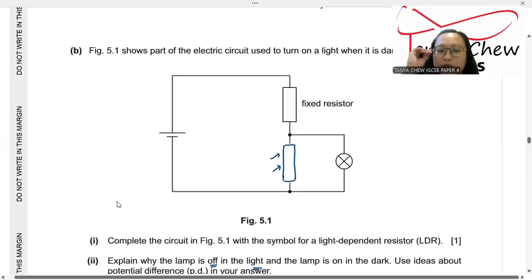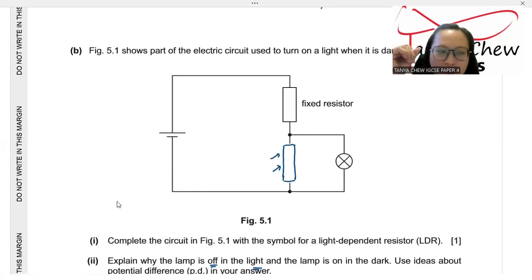So when you look at Fig 5.1, the first thing you recall is the potential divider concept, one of the things that is discussed in your syllabus, right? I will write this total voltage, right? So this is V output. Is that okay?